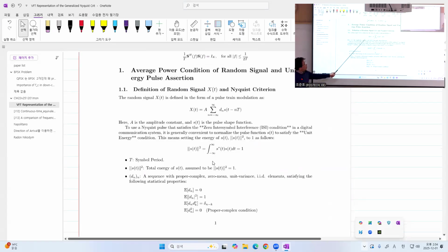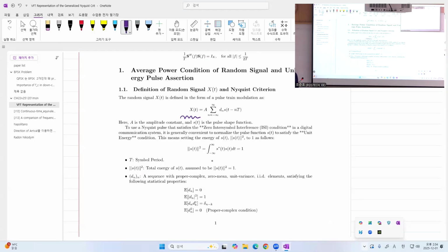So we start from this signal model, x of t, with a single stream or a single digitally modulated signal, especially following a QAM modulation scheme. So here A is a kind of scaling factor to be determined.